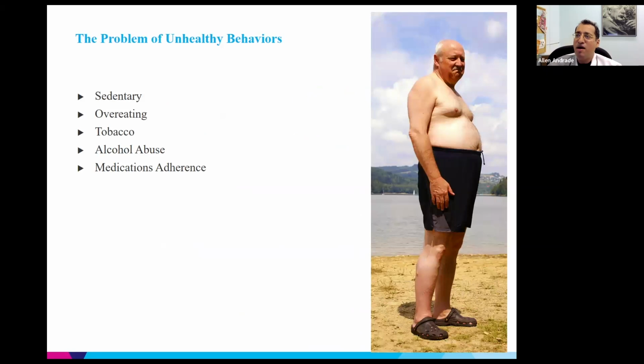So the problem of unhealthy behaviors, we all face this, and some of the common things include sedentary behaviors, overeating, substance use disorder, tobacco use, alcohol use, as well as another example, medication adherence.